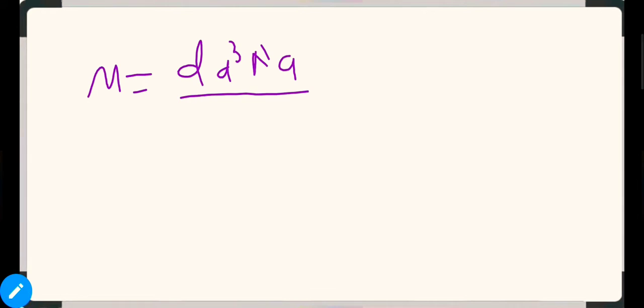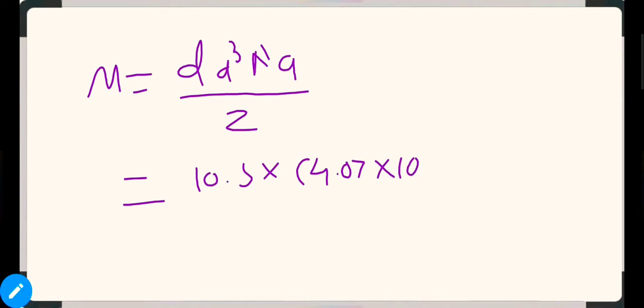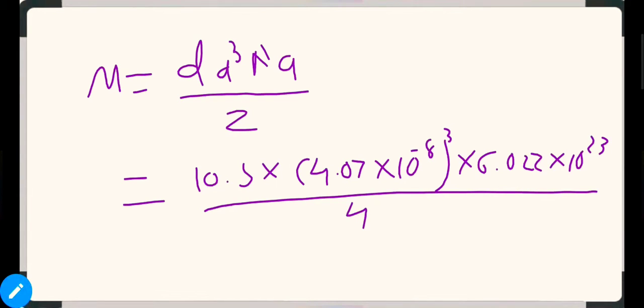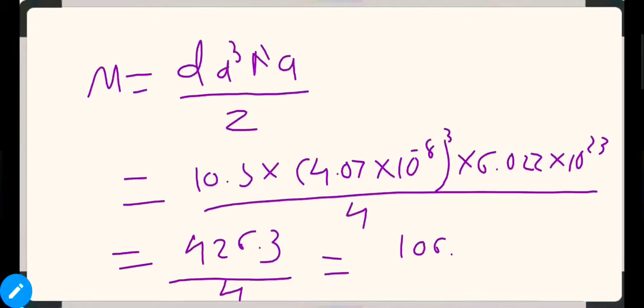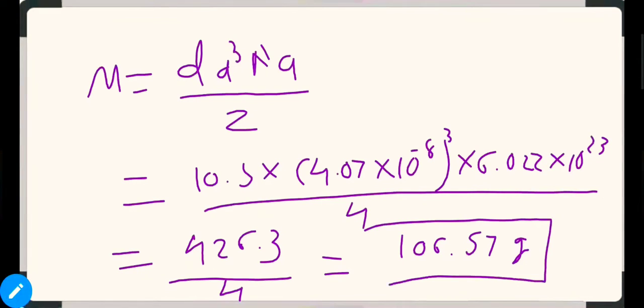Now our target is to find M. So M will be d a cube N A upon Z. Putting the values, it will be 10.5 into 4.07 into 10 raised to minus 8 whole cube into 6.022 into 10 raised to 23 divided by 4, that is 426.3 by 4, which is equal to 106.57 grams. So this will be the atomic mass of silver in the given numerical.